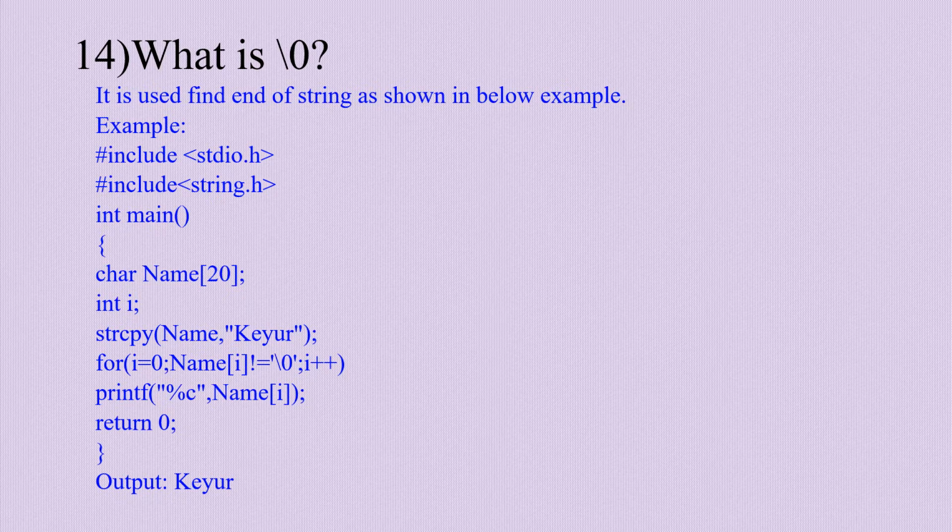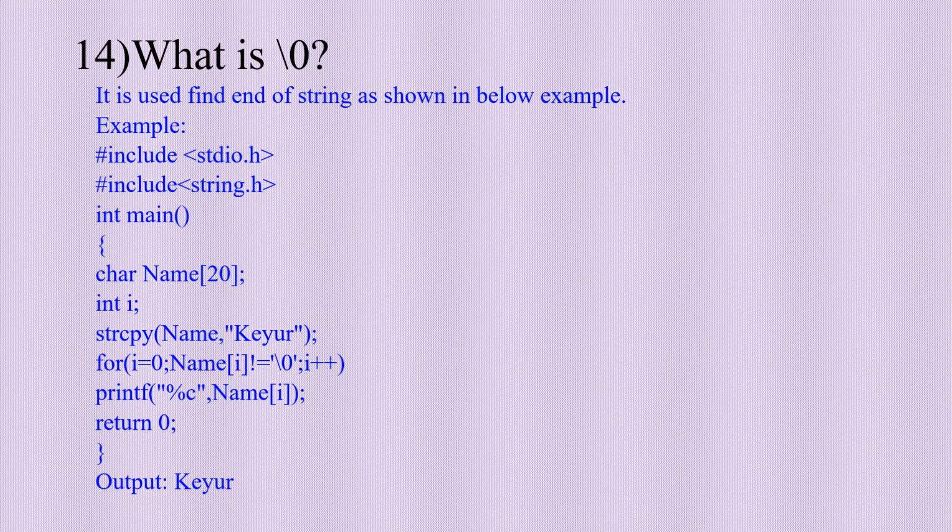So name of 0. What is name of 0? K. So you will print K. Then again it is incremented and i becomes 1. Now it will go to the next position. What is the character there? There will be E, so E will be printed. Then in the third case, Y will be printed, then U, then R. And in the next position, there will be slash 0, that is by default inserted.